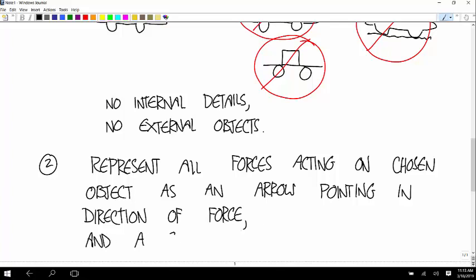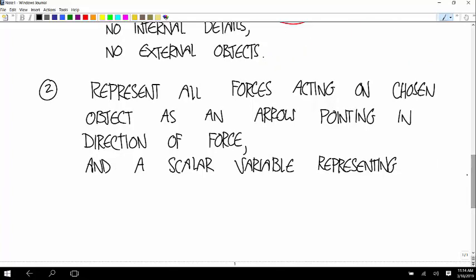And a scalar label. So that can be a scalar variable or a number, if you know a number, representing the magnitude of the force.